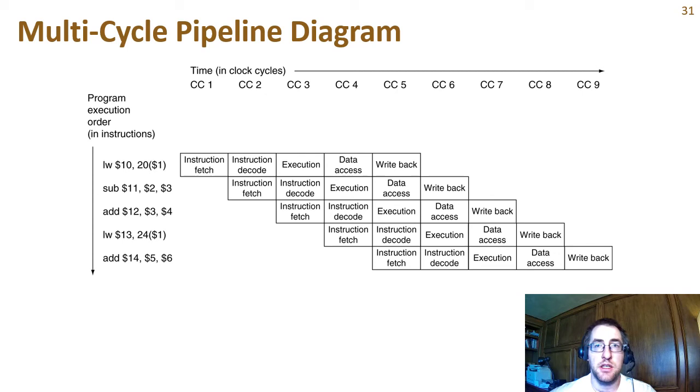And we'll simplify this even further to the letters of the stages, IF, ID, EX, MEM, WB. Or we may just simplify it to a single letter: F, D, X is often used for execute, M for memory, and W for write back. So here we have our pipeline is full, and this is our ideal case.